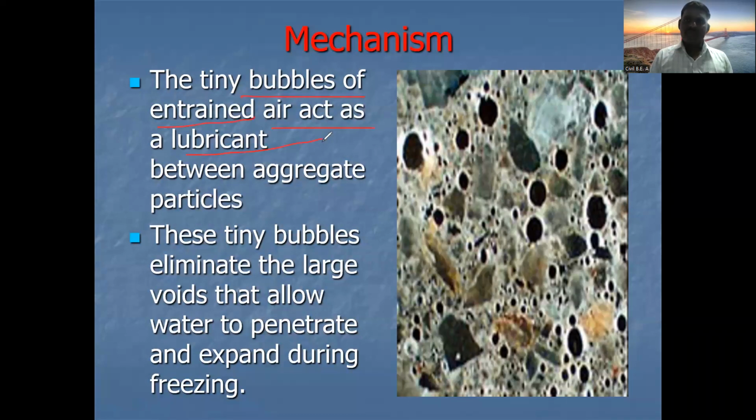Whatever bubbles we are increasing in the concrete, those bubbles act as a lubricant between the aggregates and particles. So whatever cement particles, sand particles or coarse aggregate particles are there, in between them the bubbles act as a lubricant.